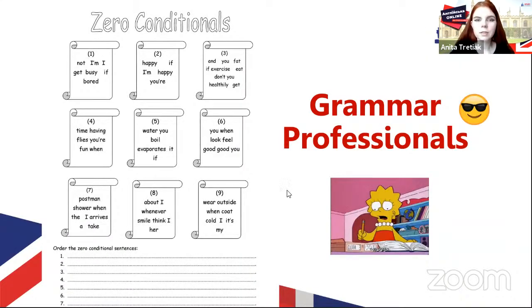If you don't eat healthily and exercise, you get fat. That's correct, Costa. Very good. But here you need a comma because the if clause goes first. So please don't forget about this. If you don't eat healthily and exercise, you get fat. Very good.